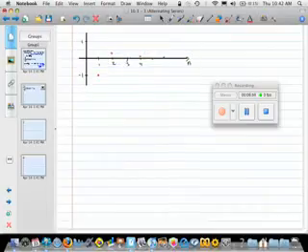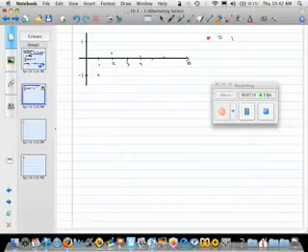The red is a sub n, and the blue is the absolute value of a sub n. So the blue will be there.